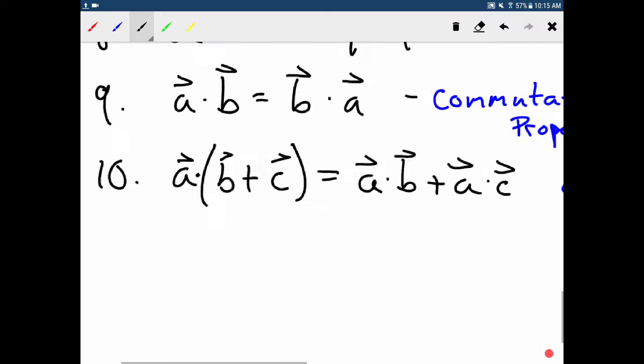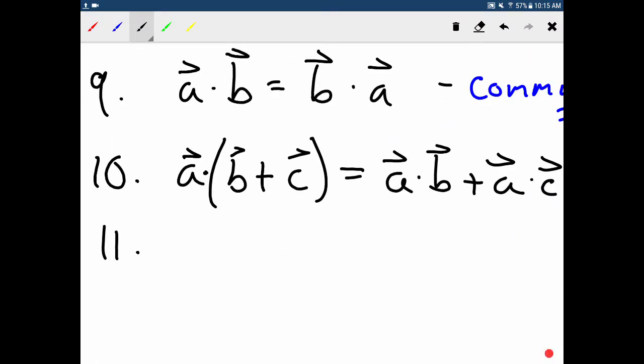All right. Number 11. We got a k, which is a constant. We multiply by a, and then we take the dot product of that vector times b.